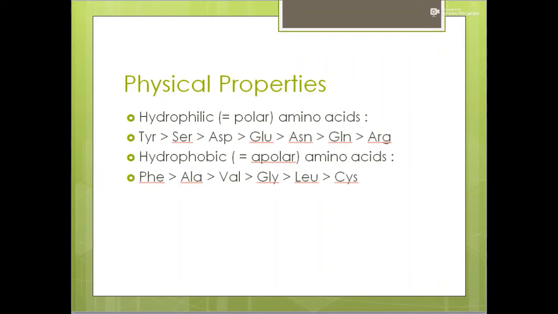Amino acids such as phenylalanine, alanine, valine, glycine, leucine, and cysteine are considered to be hydrophobic amino acids, and the range of their hydrophobicity is depicted in the picture, with phenylalanine having more hydrophobicity than alanine and cysteine.